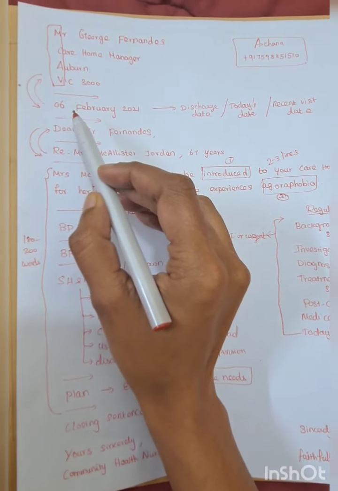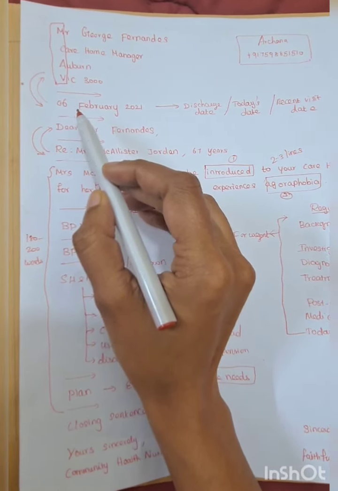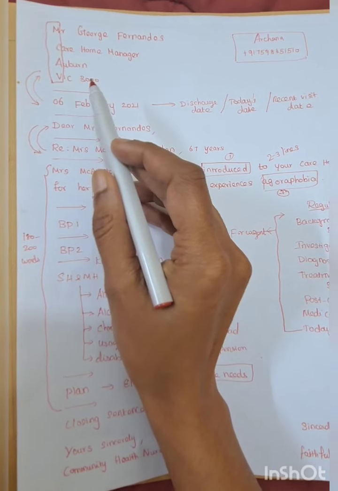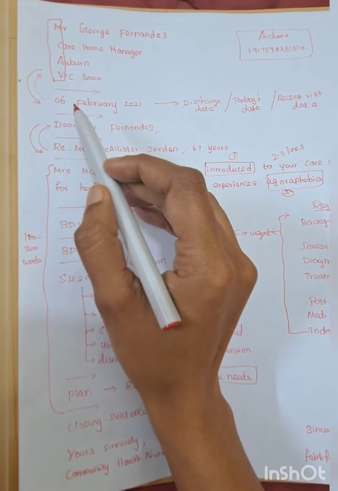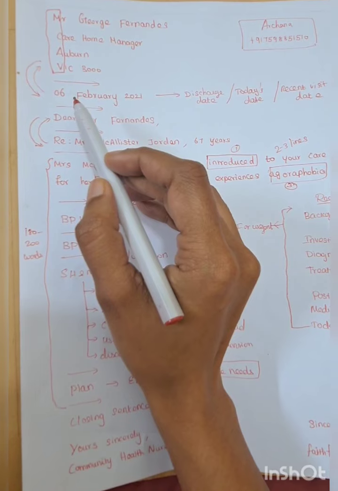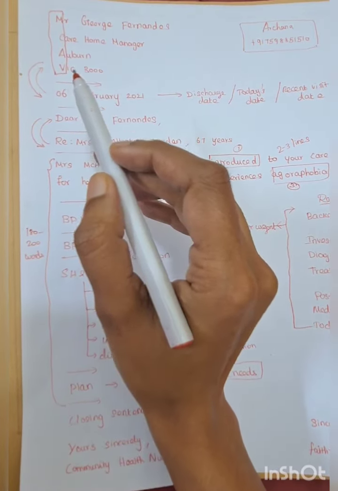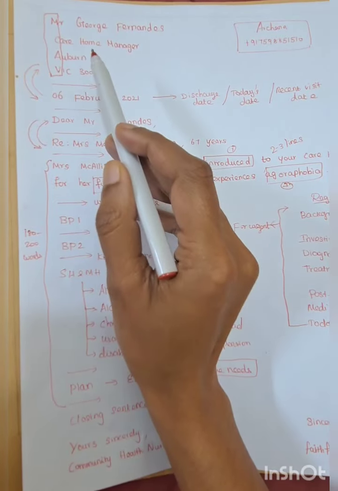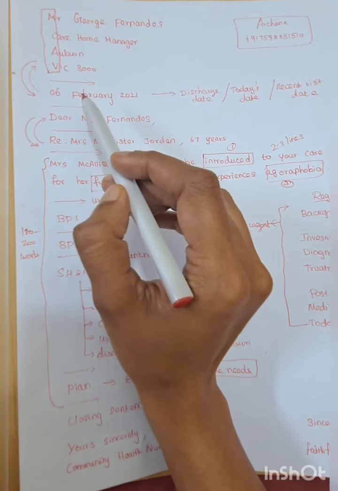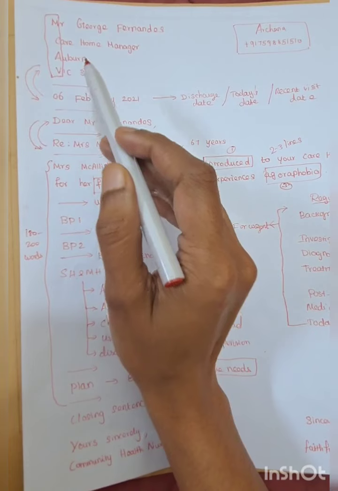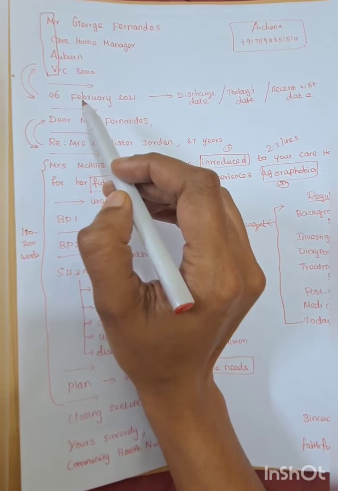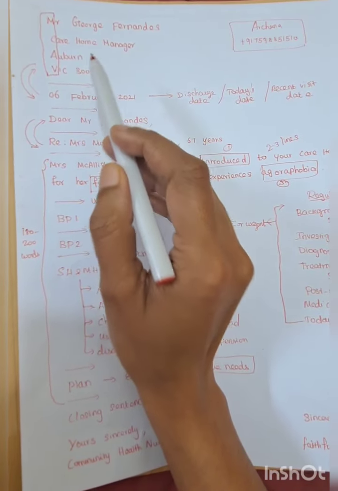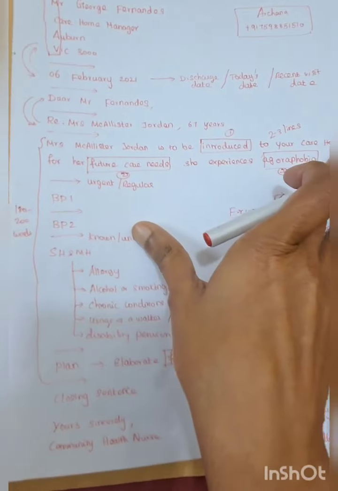Few students have asked whether to write the date first or the address first. You can exchange both. If you want to give the date first and then the address, it is acceptable, or address first and date next is also okay. But follow the format consistently.